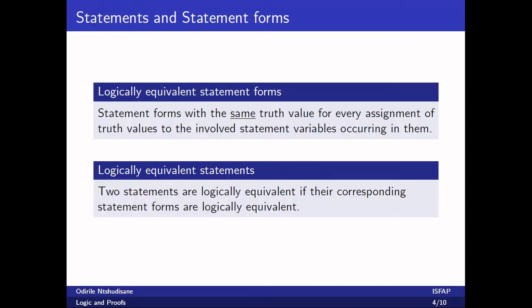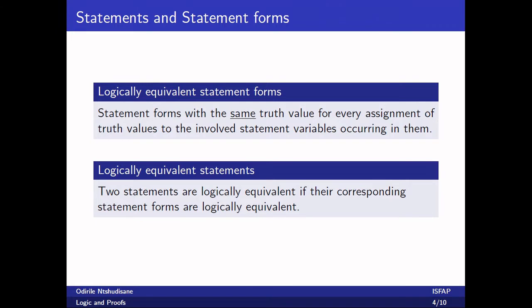So, logically equivalent statement forms are statement forms that have the same truth value for any assignment of the involved statement variables. And logically equivalent statements are statements whose corresponding statement forms are logically equivalent.